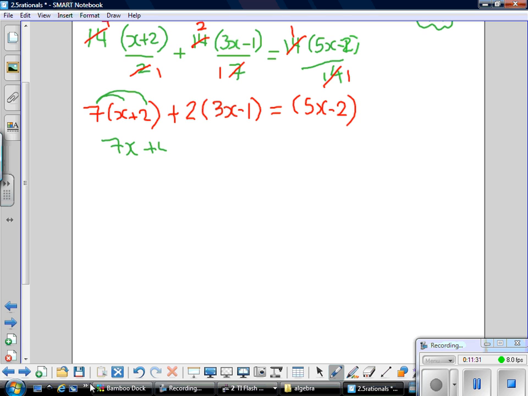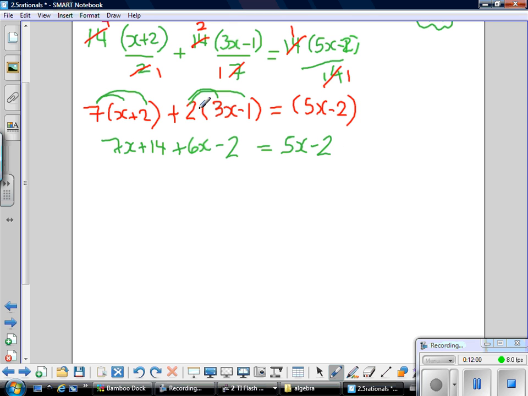Oops. 7x plus 14. The next step is my next one. So I have a 6x, and 2 times negative 1 is a negative 2, equals, and this time I can just take this bracket off because it's just a positive 1 in front of that bracket.